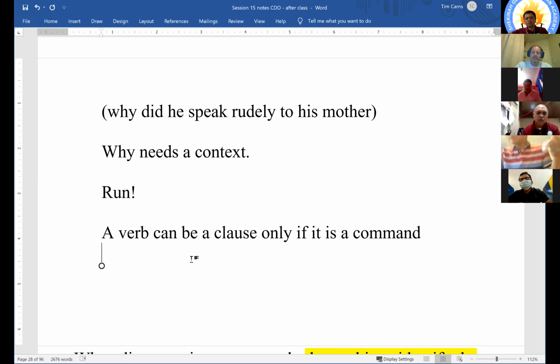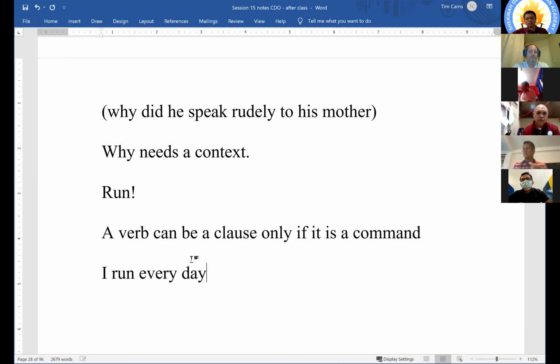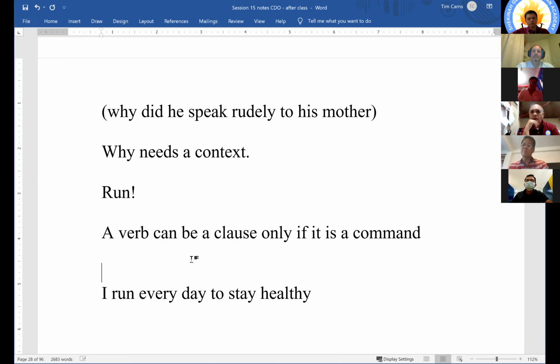I can make a statement that I run every day to stay healthy. Is that a command or a statement? It's a statement. It's a declarative. I'm declaring something. Now, if I say run every day to stay healthy, what did I just do here?